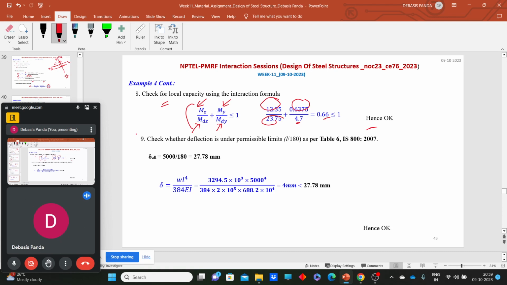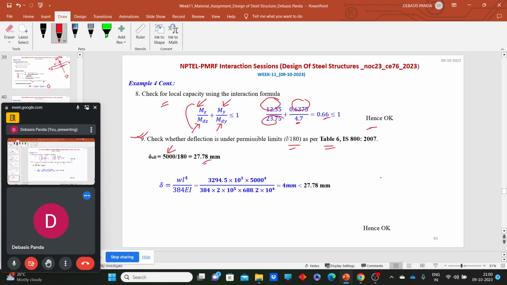Now we need to check for deflection. We are designing a purlin, so the limiting deflection value of a purlin is given as L by 180 in table number 6. The effective length of the purlin was given as 5 meter, so the allowable value comes as this.